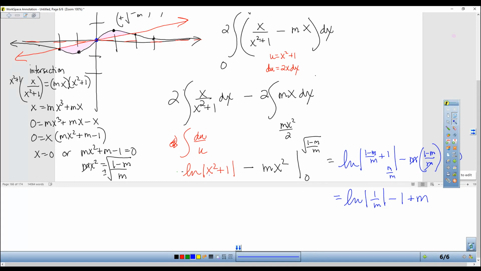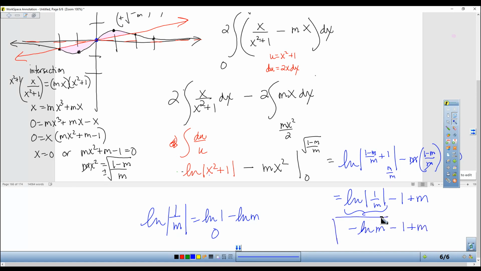You could leave it that way, but the natural log of 1 over m is the natural log of 1 minus the natural log of m. And I can get rid of my absolute value because they said that m was greater than 0, so I don't actually need that anymore. And then the natural log of 1 is 0. So this entire thing just becomes negative natural log of m minus 1 plus m, which is unbelievably the answer.